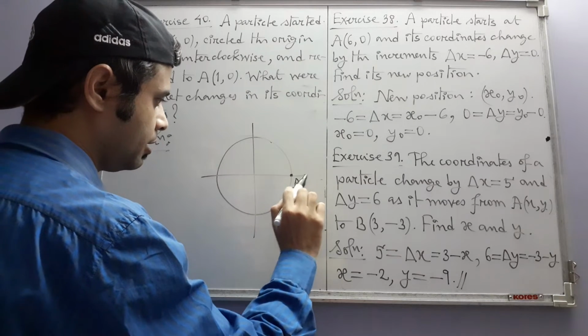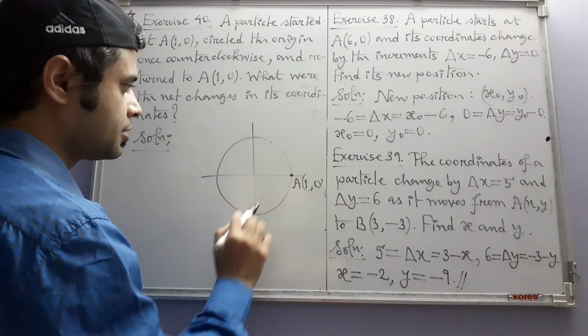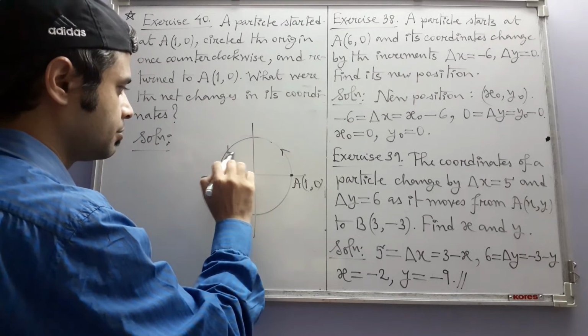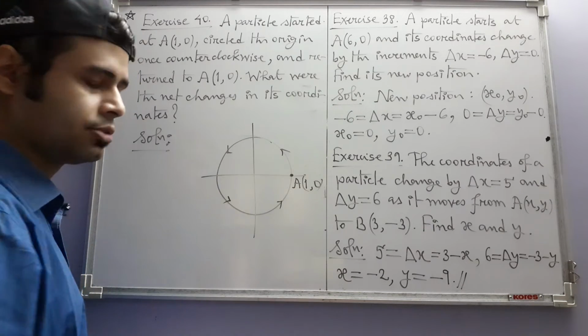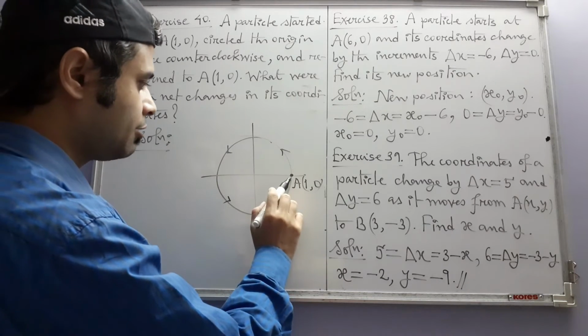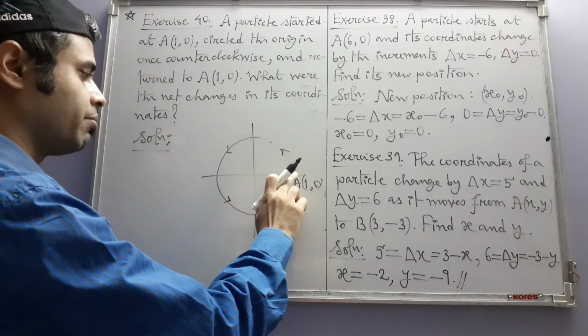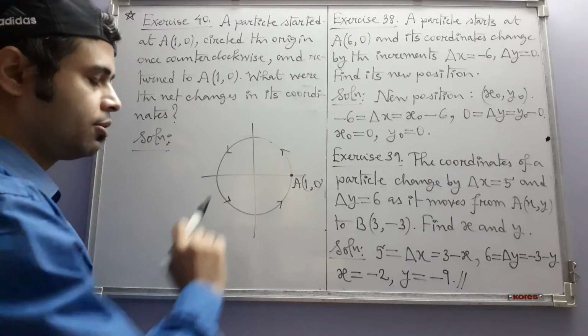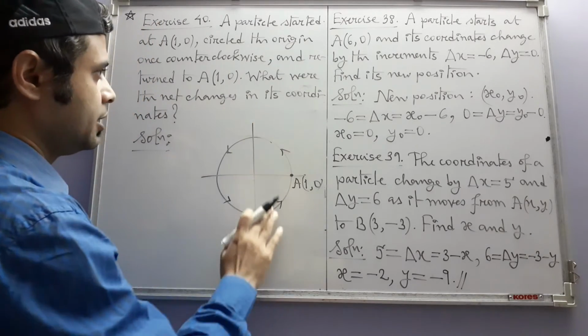This is the point A 1, 0. The particle starts here and circles the origin once and comes back to this. It could have made this journey in any other way, but the particle has chosen to follow a circular path. What were the net changes in its coordinates?